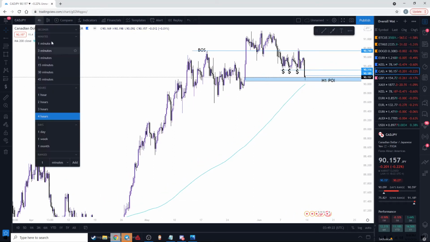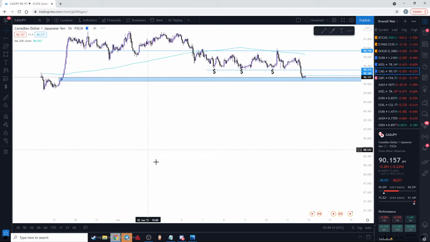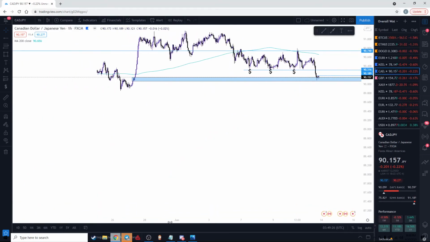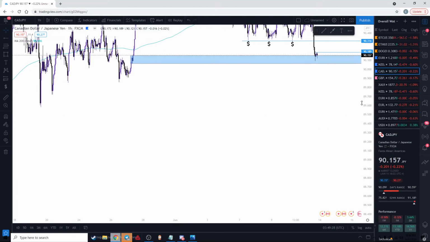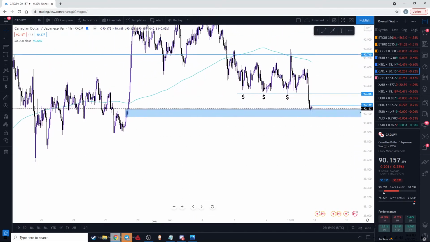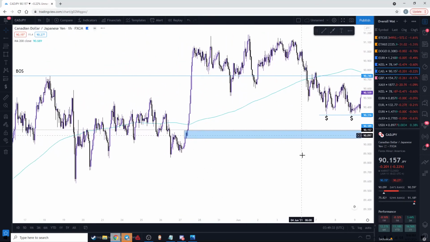So if we drop down from the 4-hour to the 1-hour, I actually marked this level right here. This is a very clean order block, a very clean point of interest. Before all of this, look at this, that's 1, 2, 3, 4, 5, 6, 7, 8 hours of continuous bullishness.